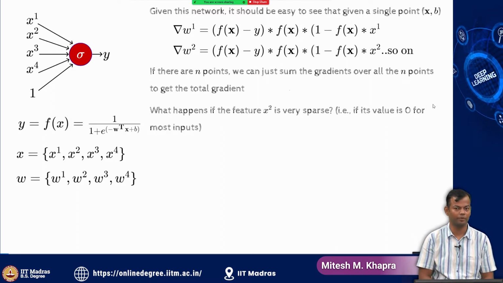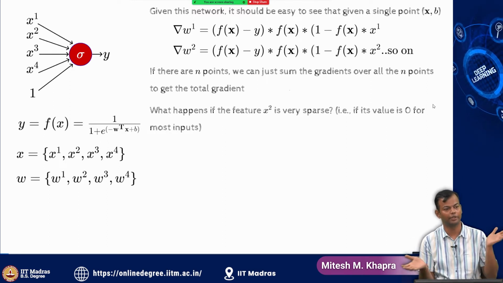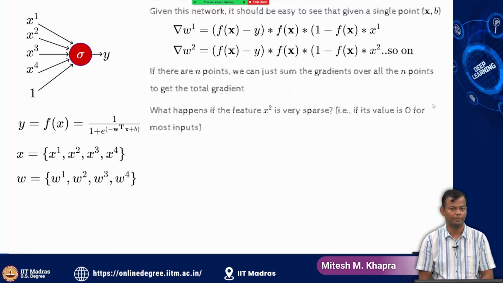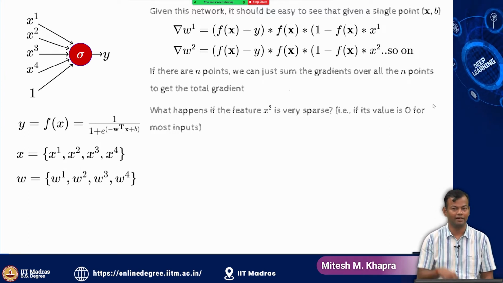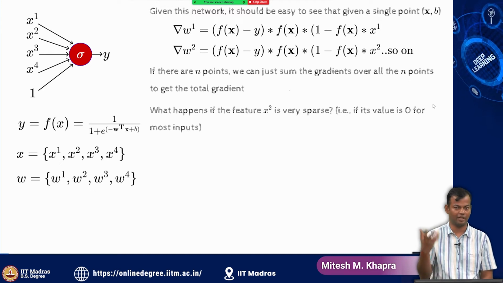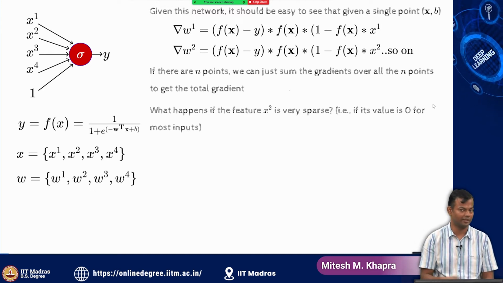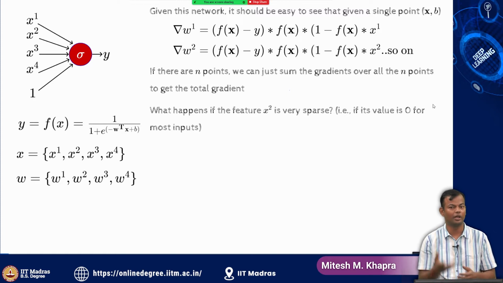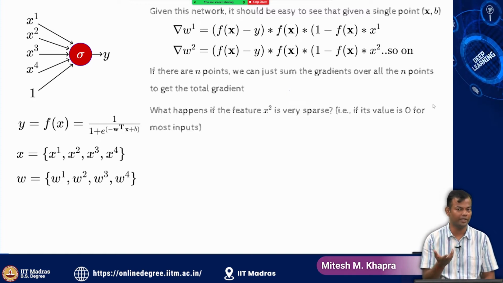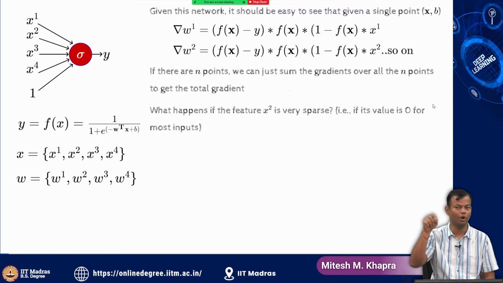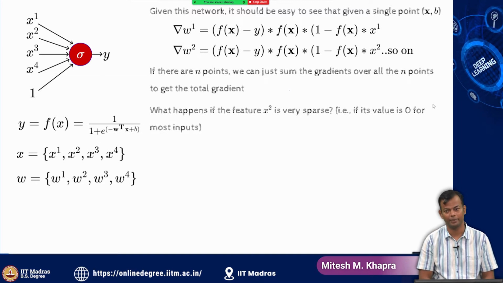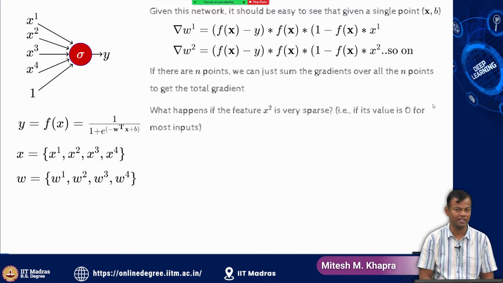A classic example would be if I have data for the past say 1000 Bollywood movies, and one of the features is whether the actor is Aamir Khan. Now Aamir Khan acts in very few movies. So for these 1000 movies, maybe there would be 4 to 5 movies for which this feature is on, and everywhere else this feature would be 0, right?